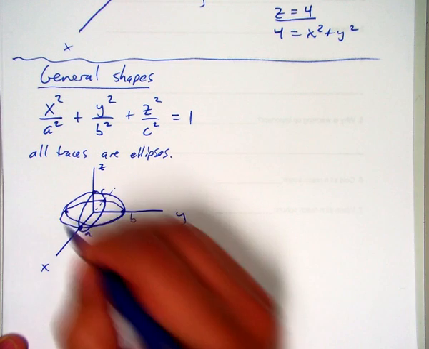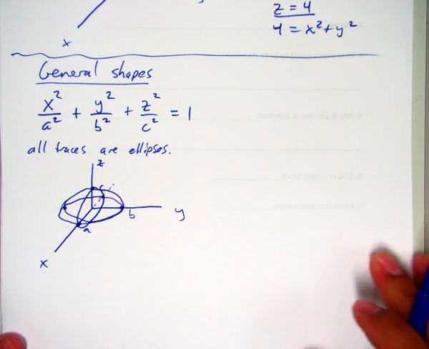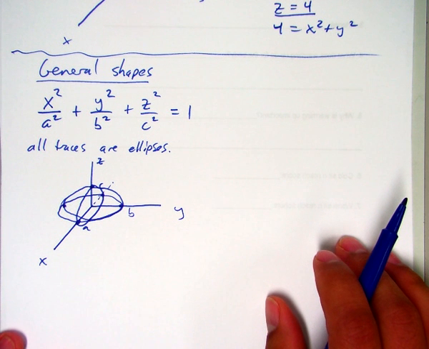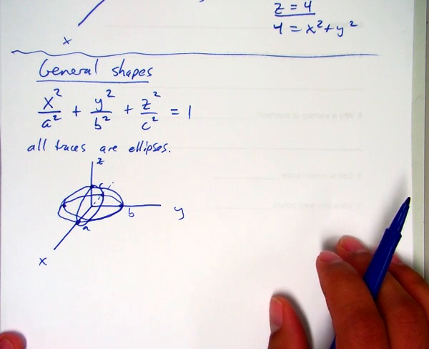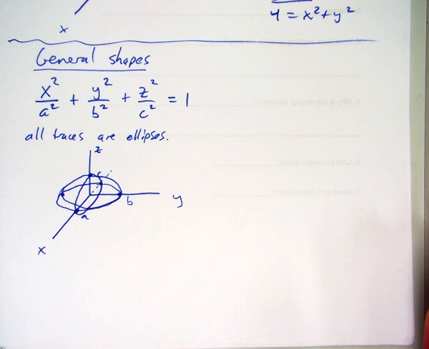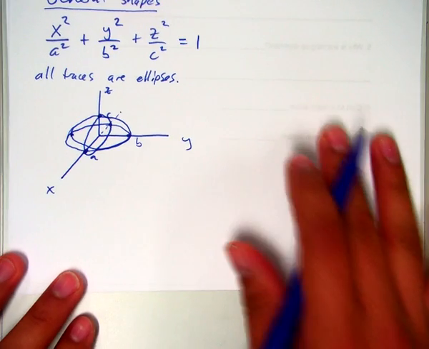okay, not the world's greatest picture. It's supposed to look kind of like a football. Think about it like a sphere, but it's not the same radius in each direction. Maybe I can retry that.